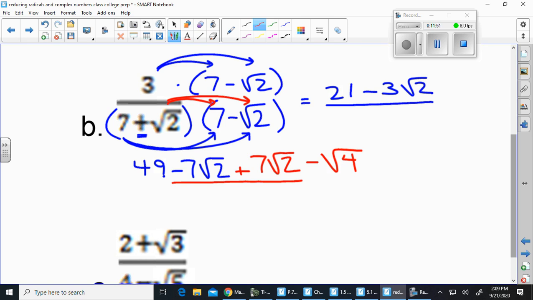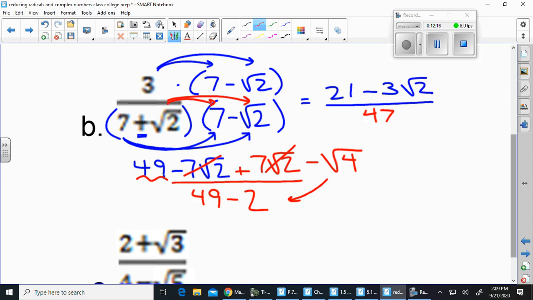They cancel out. That's 0. So I got 49, but square root of 4 is 2. 49 minus 2, 47. We can't have a radical in the denominator. I got rid of it by using the conjugate.